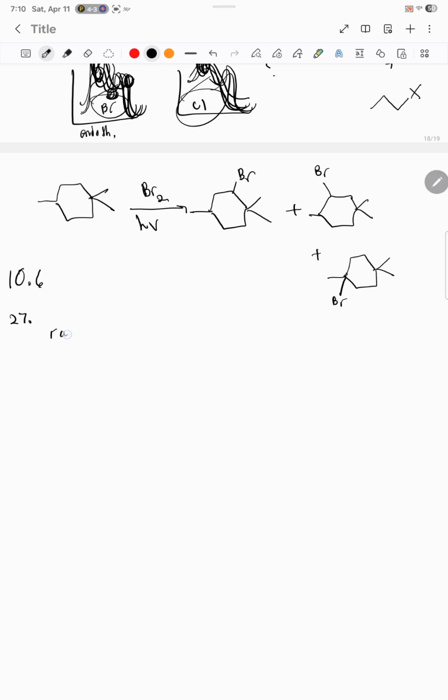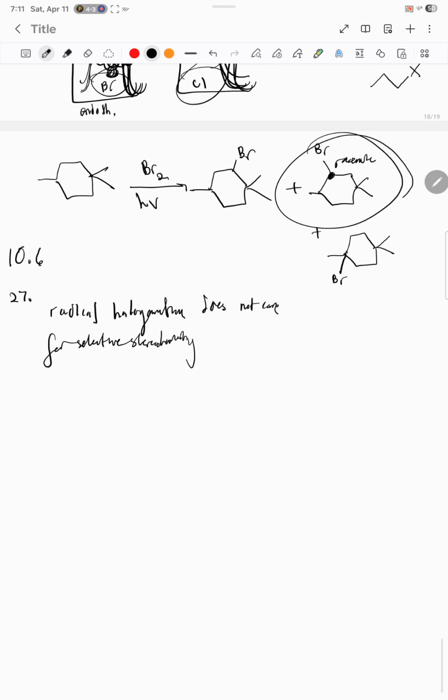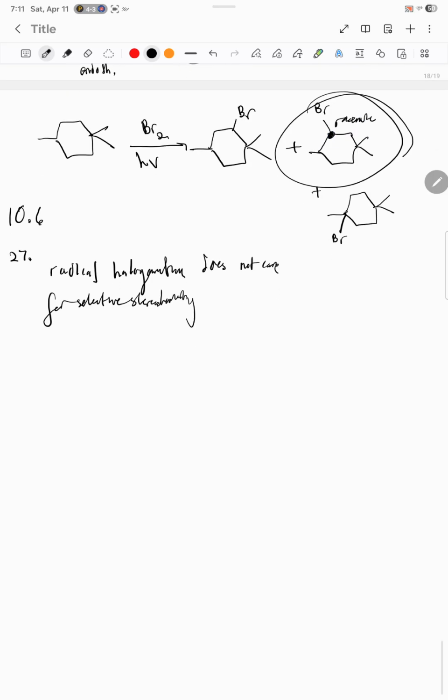Note that radical halogenation does not care for stereochemistry. Look at this example. This is a chiral center, but the product is racemic because there is no stereoselectivity. You break bonds like we saw in the mechanism, initiation, propagation, termination, and it will form new bonds with no selectivity.